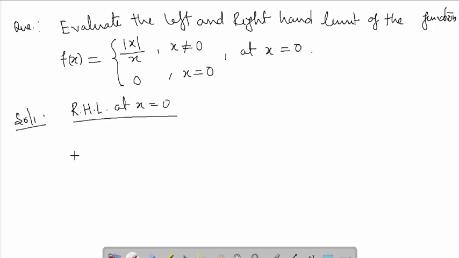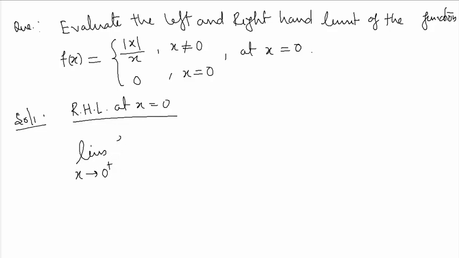The expression for the right hand limit is limit x tending to 0 plus f(x). This is the expression for the right hand limit. Here you can see that this is 0 plus and f(x). You need to remember this expression, and the rest of the question also says how to proceed.